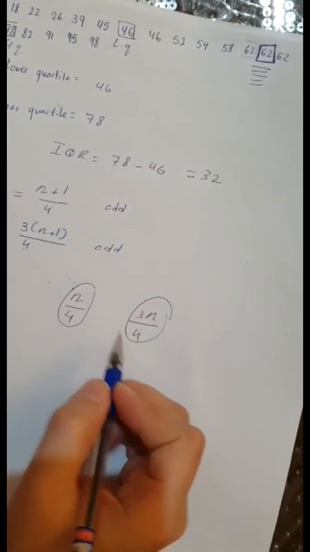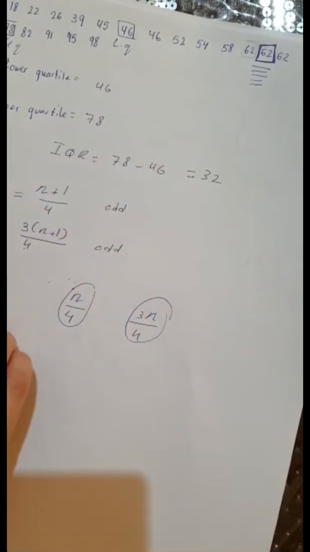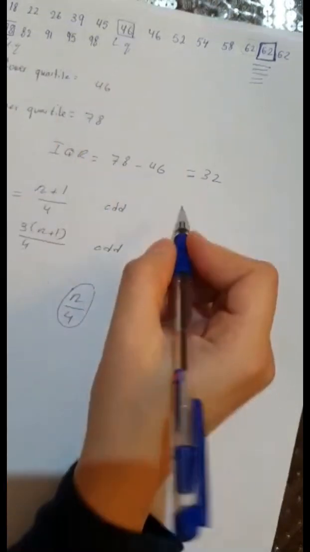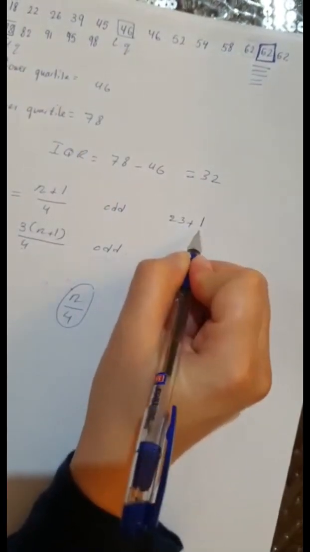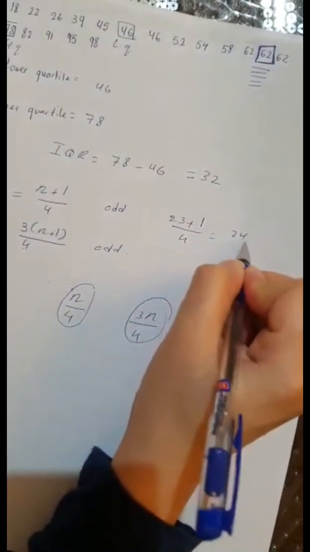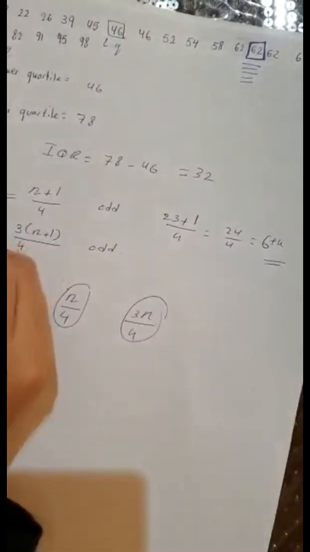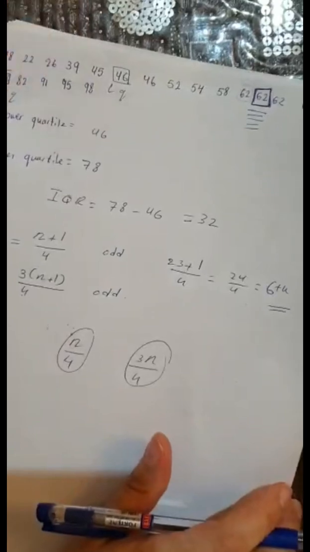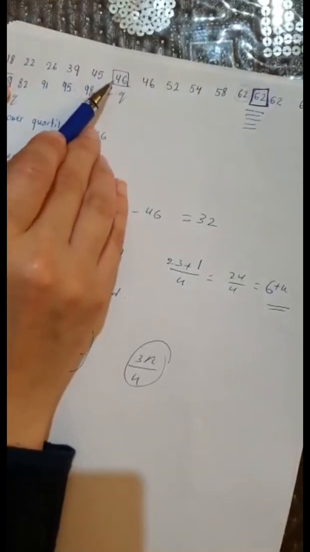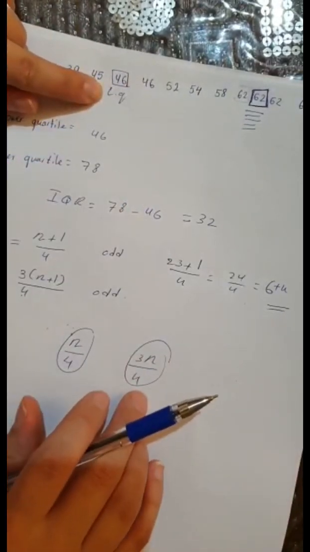Okay, so I can apply it also in the previous exercise. We have 23 values, so I'm going to say 23 plus 1 over 4, which is 24 over 4. So in this case, the sixth term will be the lower quartile. If we check our values, 1, 2, 3, 4, 5, 6, the sixth term is the lower quartile.